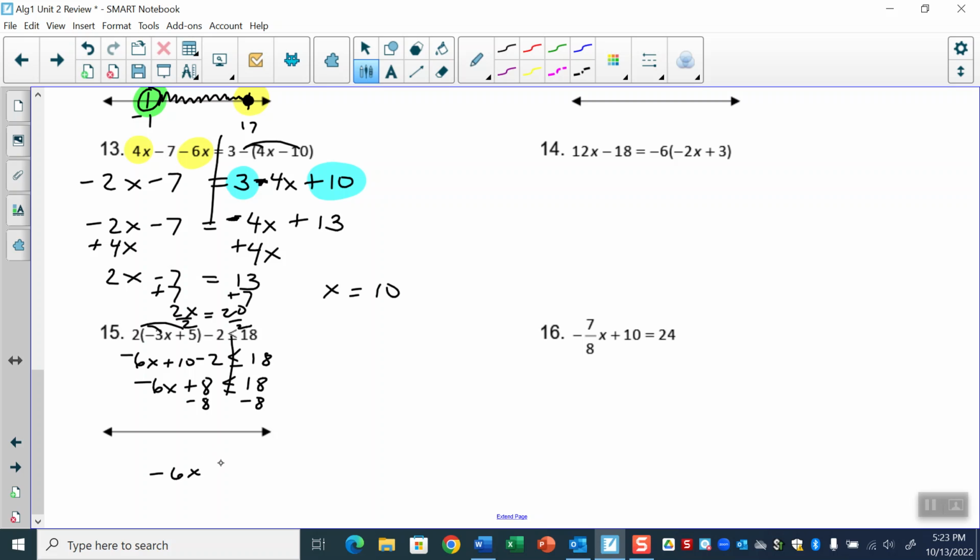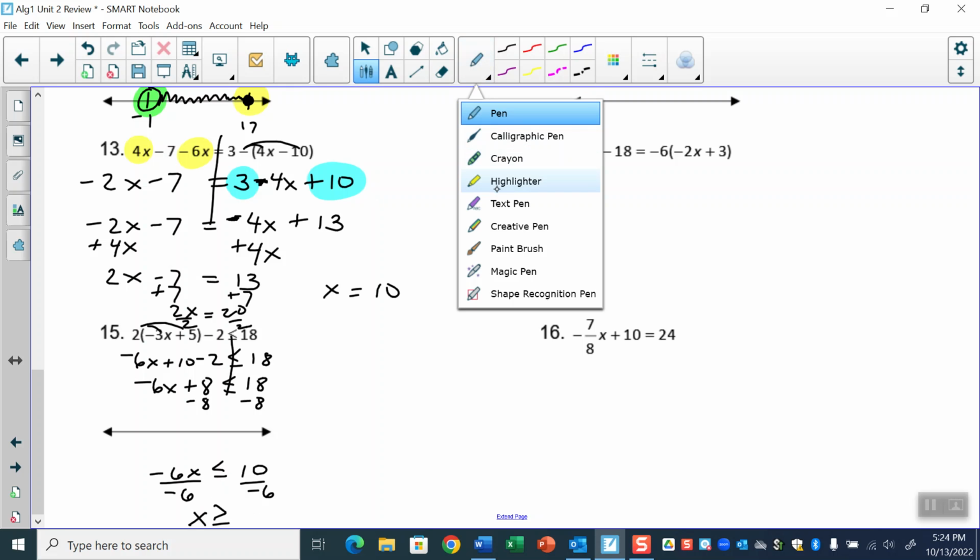That adds up to 0, so less than or equal to 10. No flipping, adding and subtracting, you don't flip. Now I'm going to divide by a negative. So alert, alert, I'm dividing by a negative. So that's going to change the sign. I go to a +x, flip the sign.